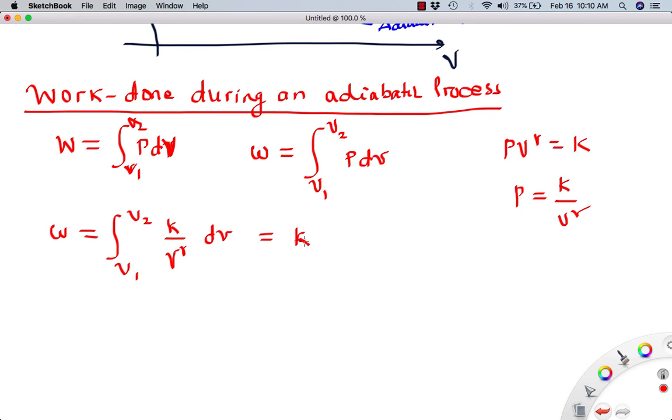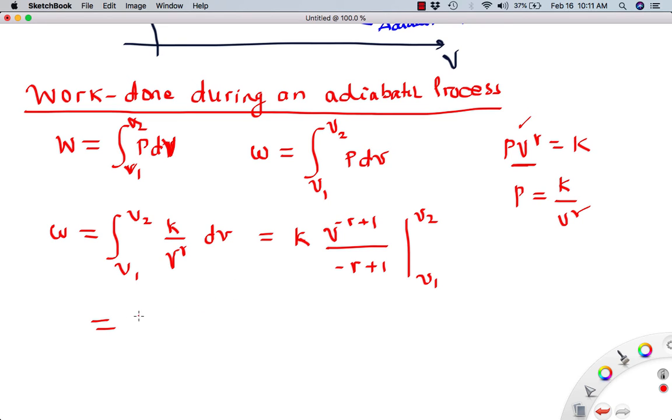So the integral of 1 over V^gamma is V^(negative gamma plus 1) over (negative gamma plus 1), and our limit is from V1 to V2. Now this K has both P and V, so we need to convert this to PV, because we want to apply the limit to that, just to simplify.